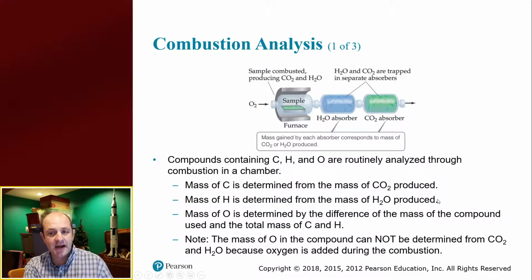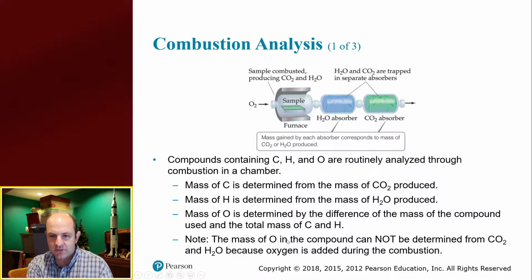So say it was a 5-gram sample. And then we do step 1 and we say, oh, it's 3.5 grams of carbon. We do the second step and we say, oh, it's half a gram of hydrogen. Great. Well, that's 4 grams. Well, if we had a 5-gram sample and we've accounted for 4 grams of it, what's missing? We're missing 1 gram. That 1 gram must be the oxygen.